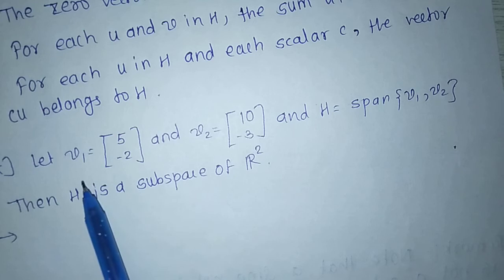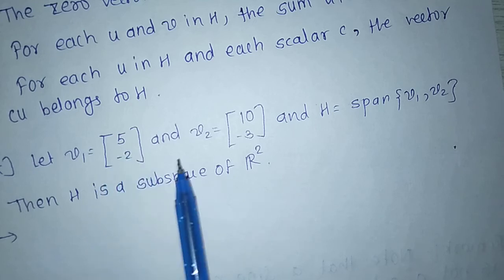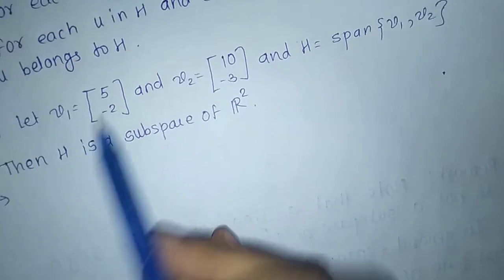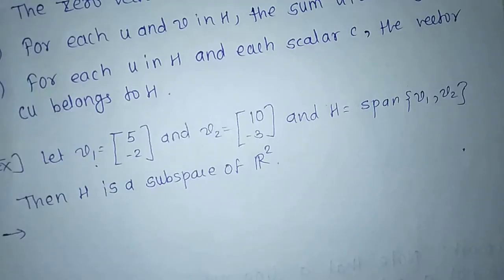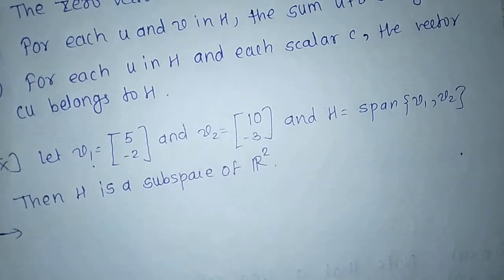Next example, let v1 equal to 5, minus 2 and v2 equal to 10, minus 3, and H equal to span of v1, v2. Then H is a subspace of R2. Now here, to solve this example, we are not using the values of v1 and v2.